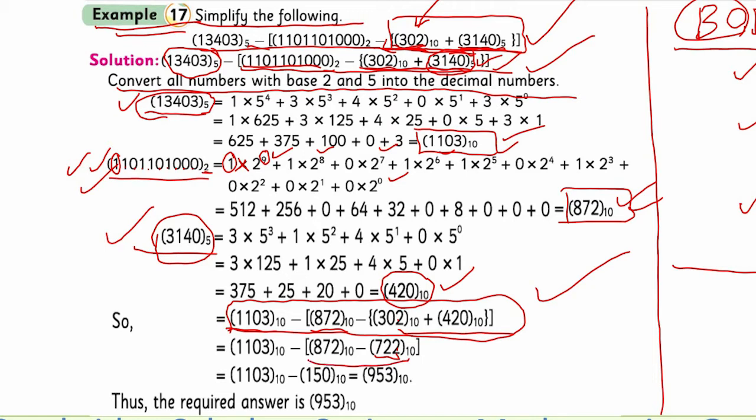First we have done this one and then we will perform subtraction over here. We have 150, and 1103 minus 150 is equal to 953 with base 10. So we have this result.